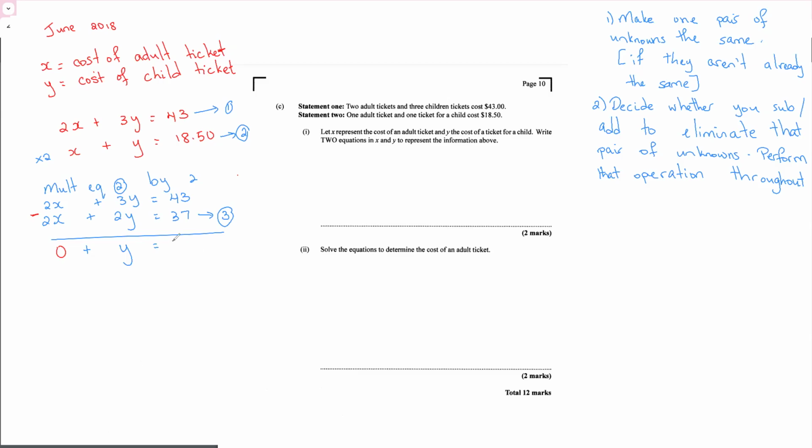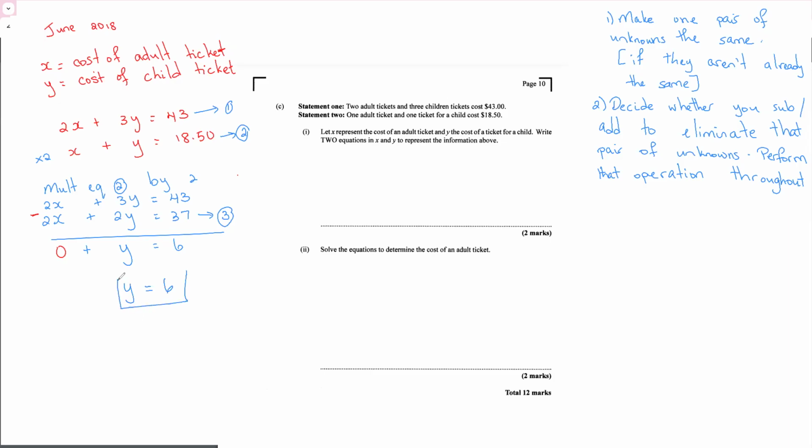Remember, use a calculator to make it easier. I got 16. No, not 16. I put 27 instead of 37. Right, so 43 minus 37, I got 6. So I got that the value of y is equal to 6.